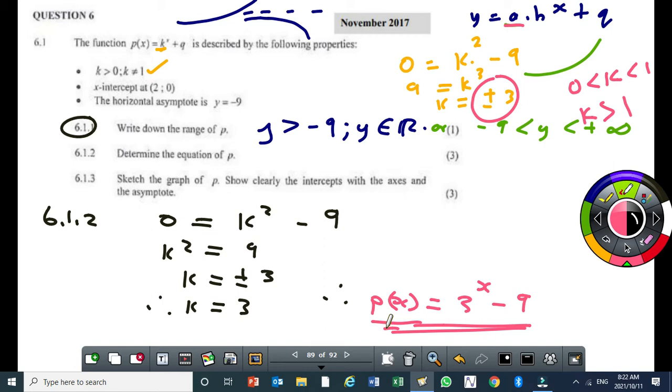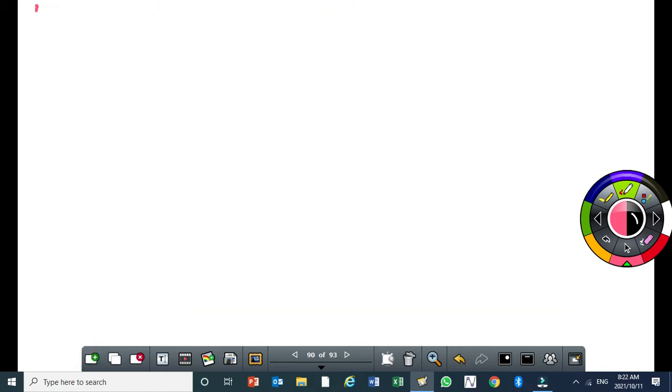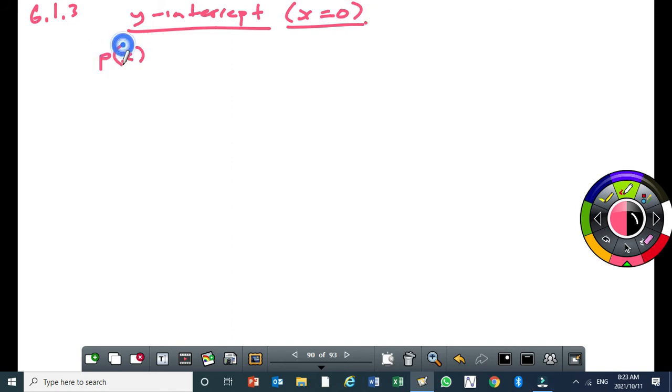Okay, let me move on to the next page. So I now need to sketch. Before I sketch, let me just find the y-intercept, if it exists. Remember, the y-intercept, you have to substitute x equal to 0. So I'll say p of x, which is p0 here.